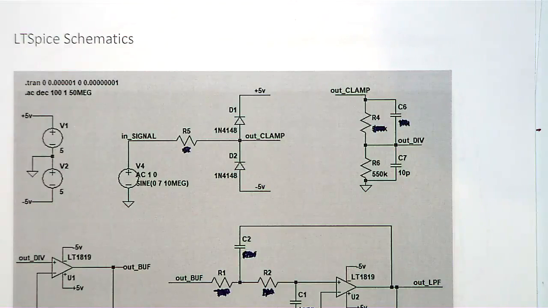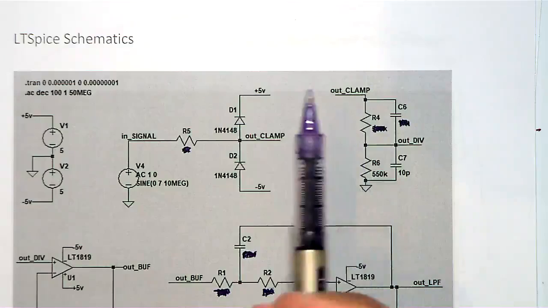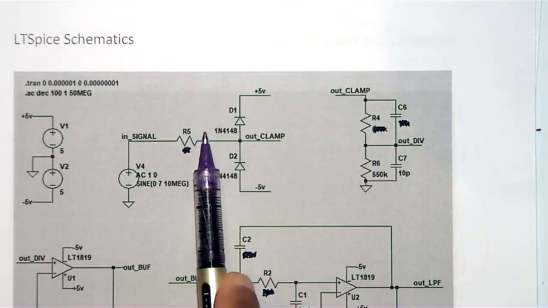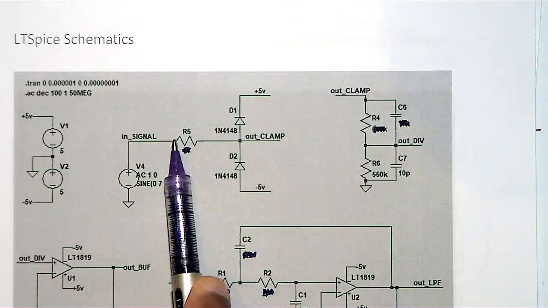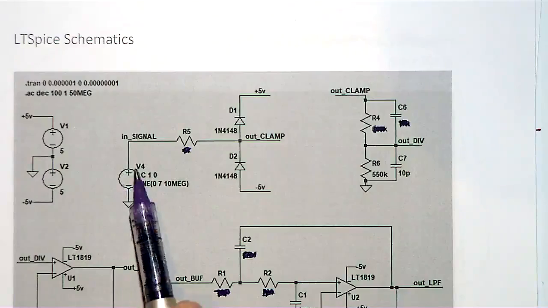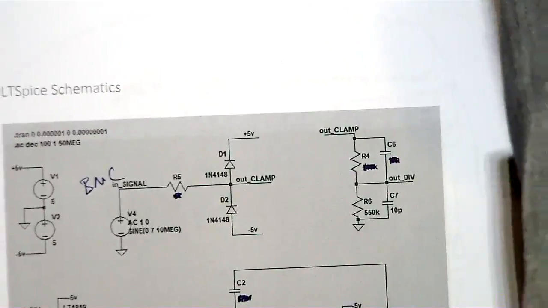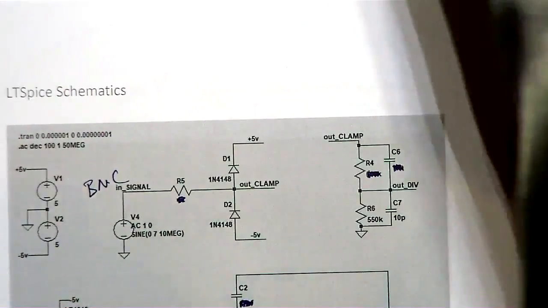Here you will see plus or minus 5, but in your case it is plus or minus 5.6 volt. And this resistor, I don't know whether you need it or not. When you want to do some tuning, some people connect this resistor, otherwise it will be a straight line. See, this is your BNC. So here is your BNC signal. I am going to compare this with our diagram, the circuit we have drawn.